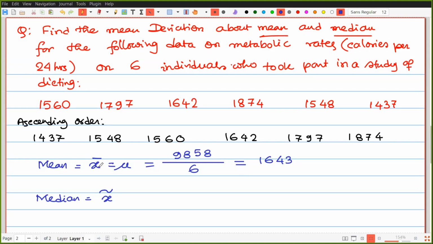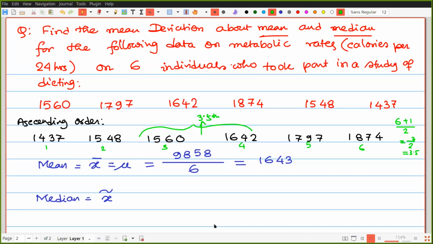Then we have to find out the median, and for median we are writing x tilde, x bar for the mean, x tilde for the median. Now there are 6 items. Okay, so first one, second one, third one, fourth one, fifth one, sixth one. So our median position would be 6 plus 1 by 2 or 7 by 2 or 3.5. That means the third and fourth would be considered, and the median is in between, at the 3.5th position.